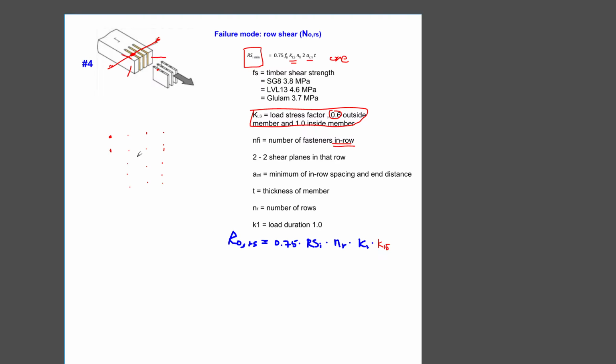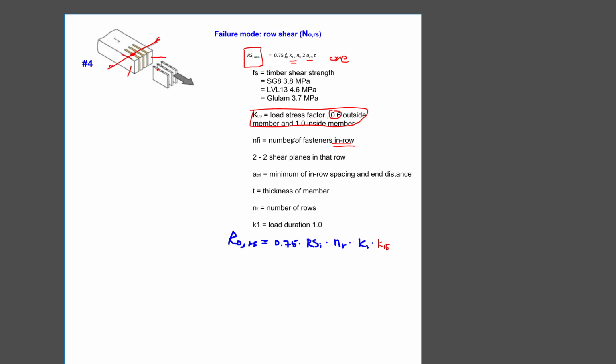My internal dowels are taking much of the effective resistance, so I'm going to use 1 for all of that and disregard 0.6. Okay, that's the KLS factor. It's quite important to understand when you're going to use 0.6 and when you're going to use 1.0.